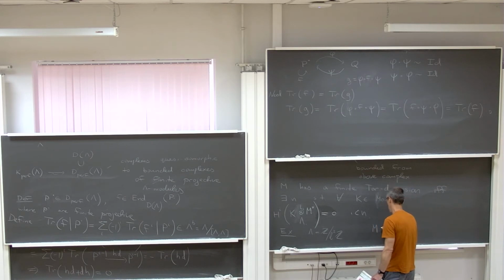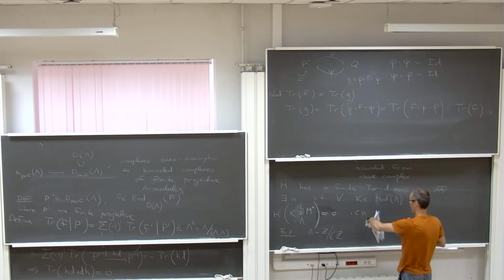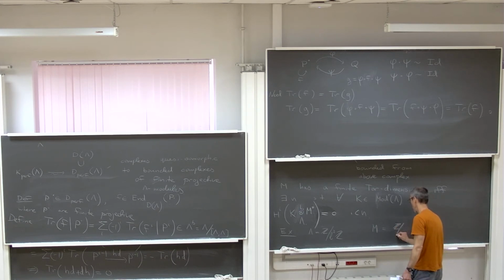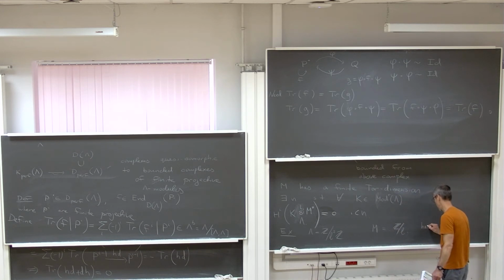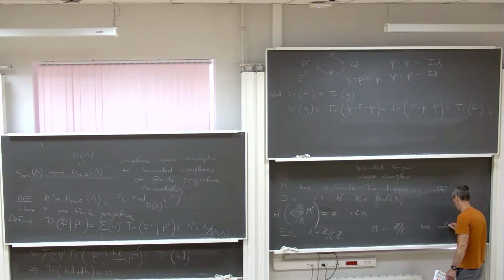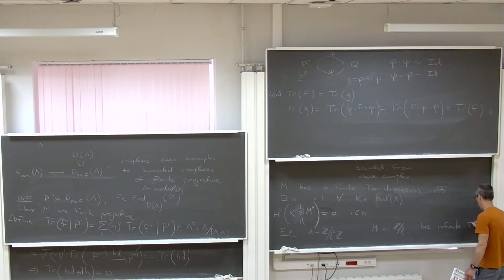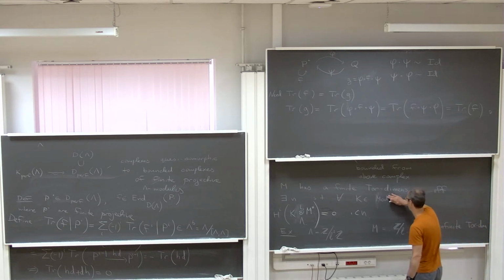So maybe to give an example, let's take lambda to be Z mod L squared Z, then M, which is just not a complex, a single object, Z mod L, viewed as a module here, has infinite Tor dimension.